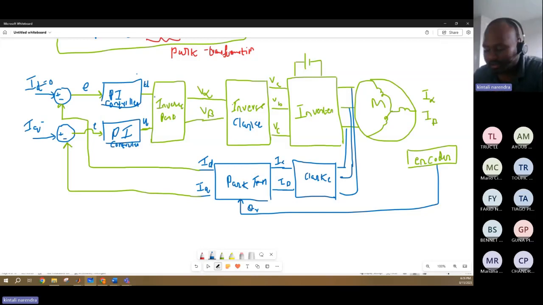Guys, any questions on this field oriented control of brushless DC motor? In tomorrow's class, I will go through the torque equation derivation, and then we'll implement this in MATLAB. Sorry, guys, there was a confusion.